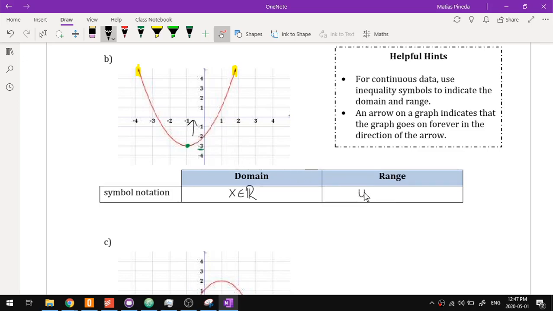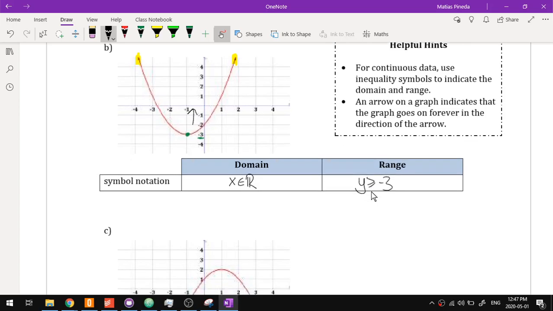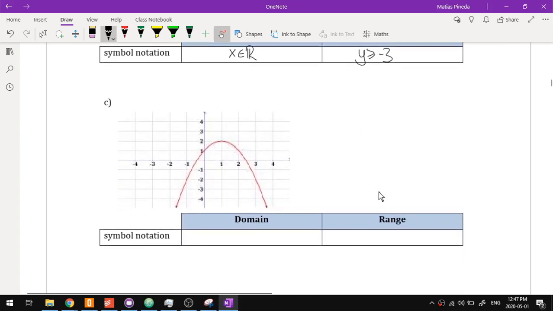We would say that y is greater or equal to -3. Here we have another parabola, this time going the other way around. Again, we have arrows at the end. This time we have a maximum y value, which is right there. So y equals 2. Again, the domain is going to be x belongs to the real numbers. And for the range, we would say that y is less than or equal to +2.